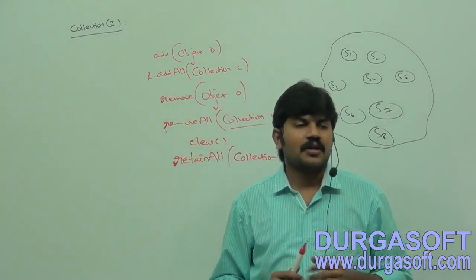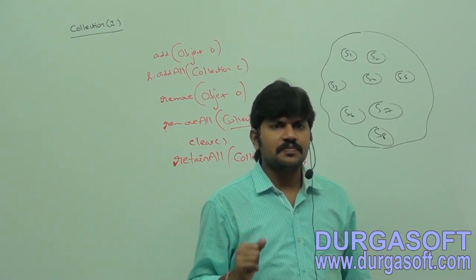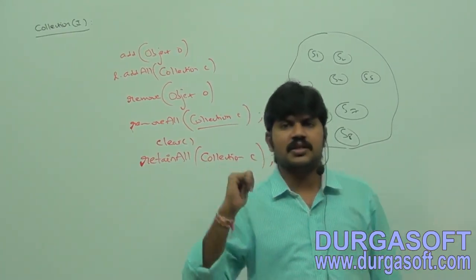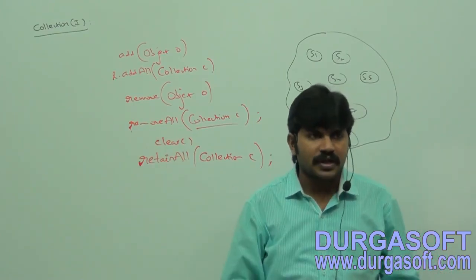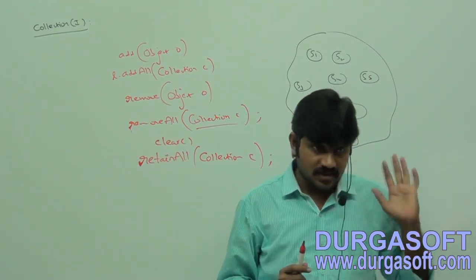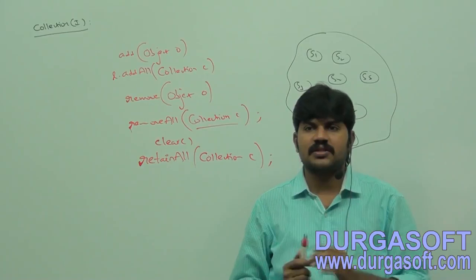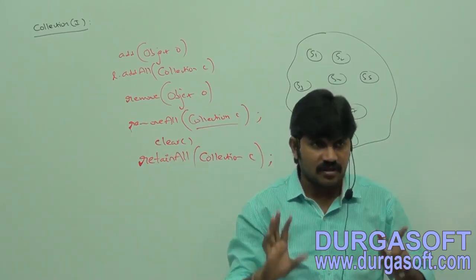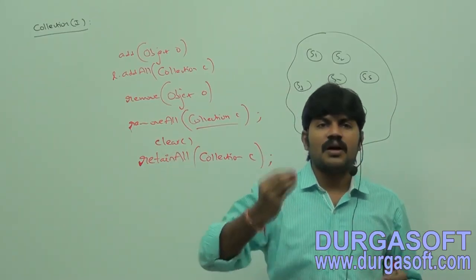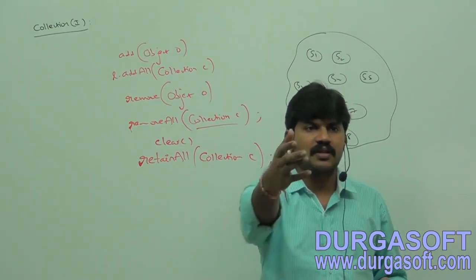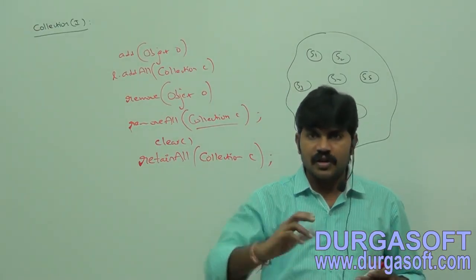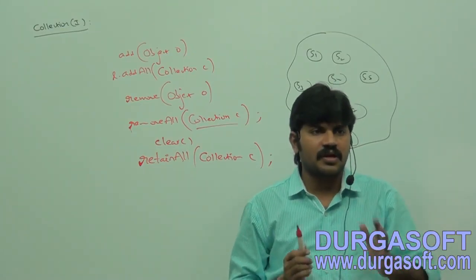Now, sir, in this batch, morning batch people are there, evening SCJP batch people are there. Assume there are some people who came only to attend the collections concept. I want to talk with these new people personally, whether they are getting the concept well or not, whether my classes are going to meet their requirement or not.